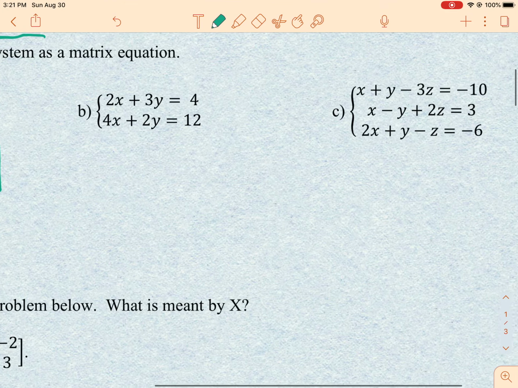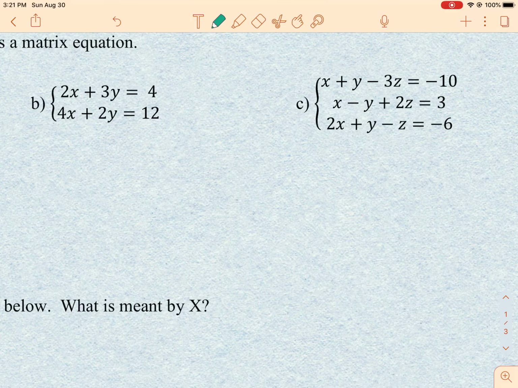Go ahead and do the same thing for B and C. So you have the coefficients, which make up your matrix A. You have the variables that make up matrix X. And then the constants are your matrix B. Go ahead and pause and take a look at those two.